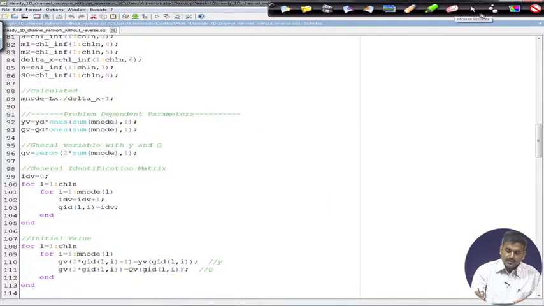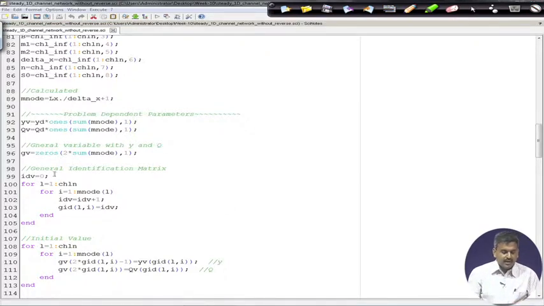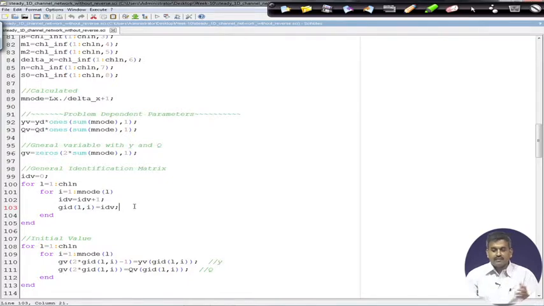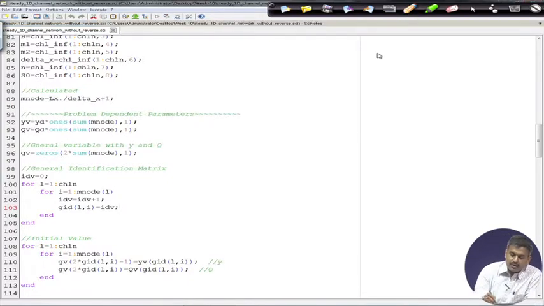Now, we need to have general identification information. What is this GID or general ID? General ID is the ID which is required for construction of our Jacobian matrix.